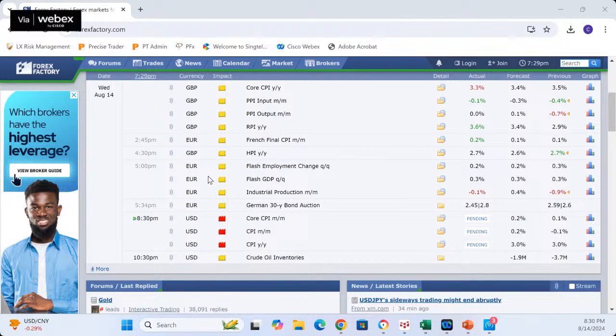Okay, data is going to be out. Okay, let's see what is the data. Okay, year on year is 2.9. Okay, data is bad on year. Okay, came out to be as expected.